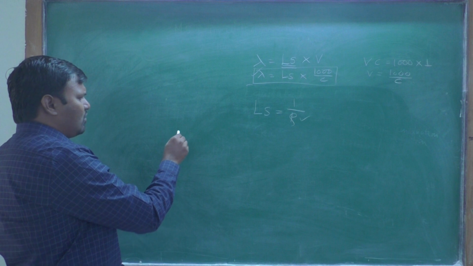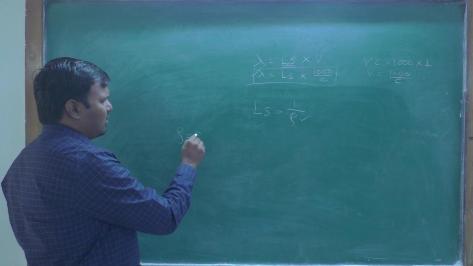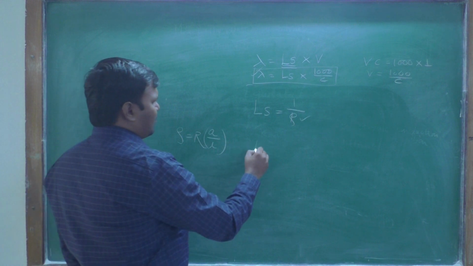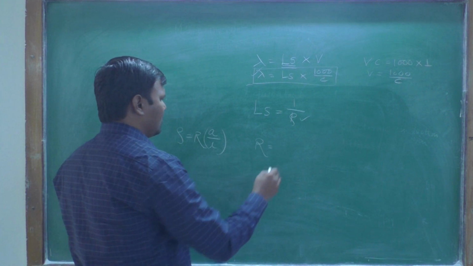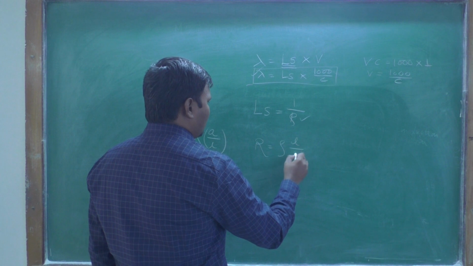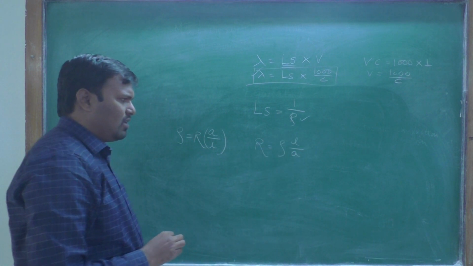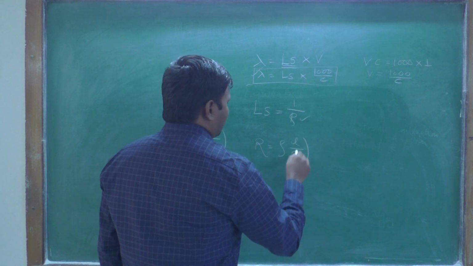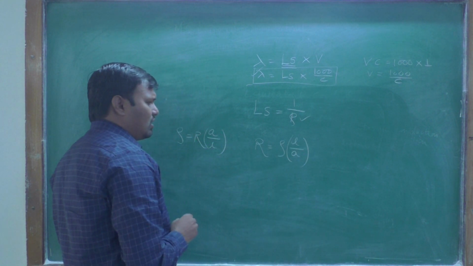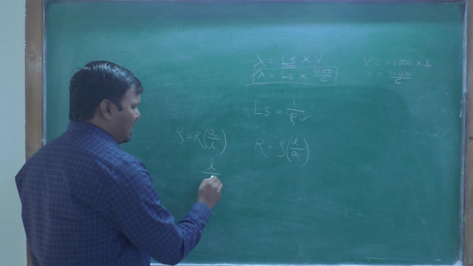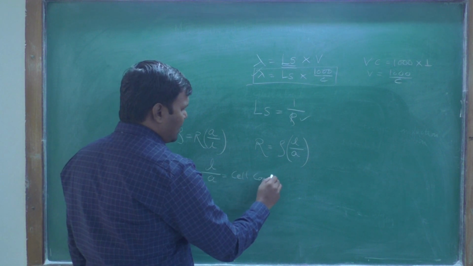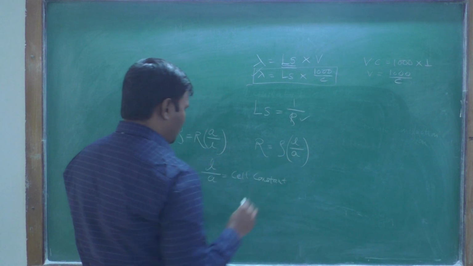We have the formulas: rho is equal to R A upon L, or R is equal to rho L upon A. Here L upon A, length upon cross sectional area, is called the cell constant.